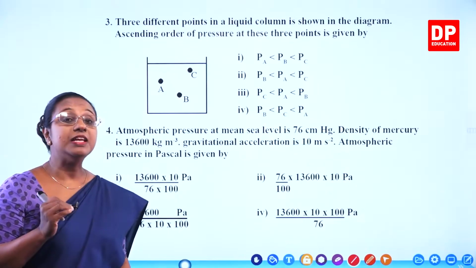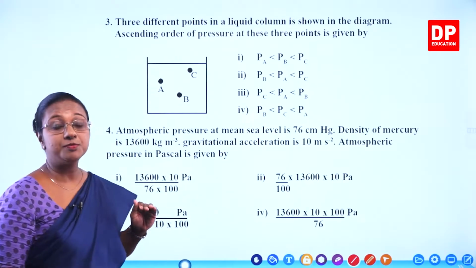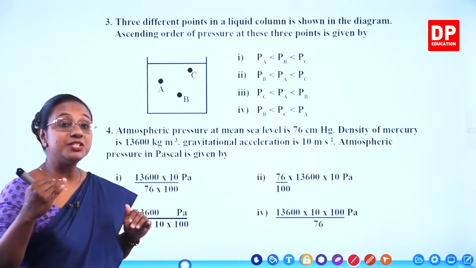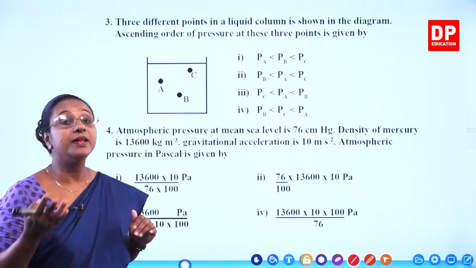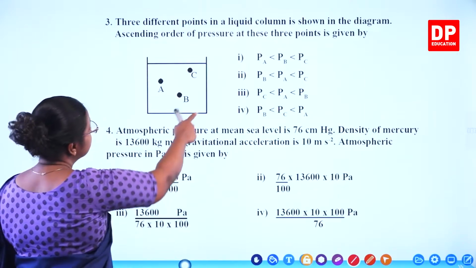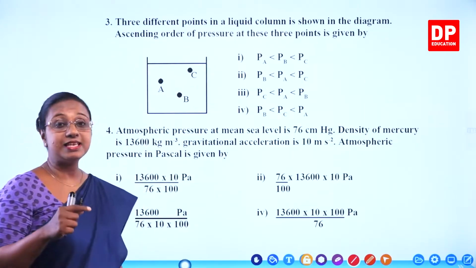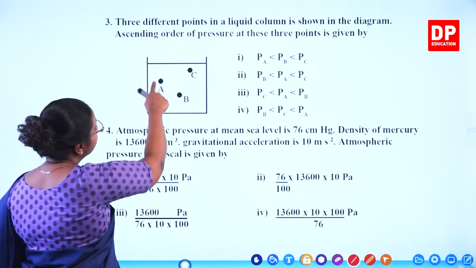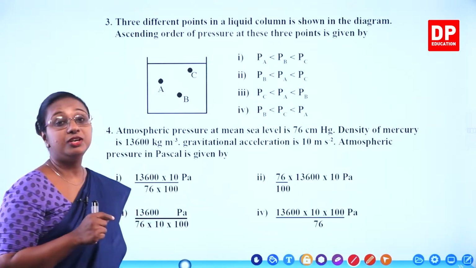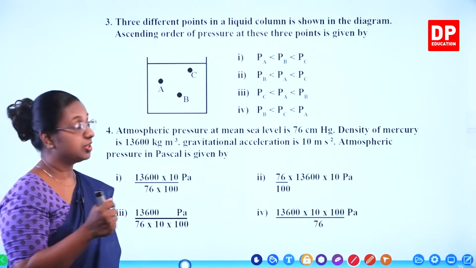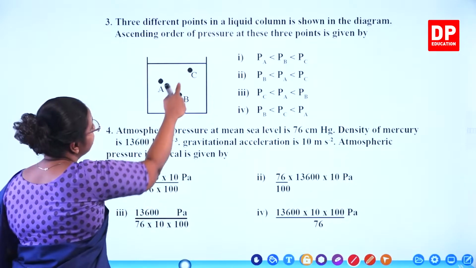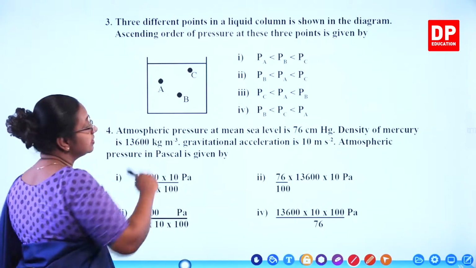So now we discuss, this is a liquid column. So if it is the liquid, the pressure depends on the height or the depth. So here it's the same liquid, so density is the same, gravity is the same. So it's only the height that is going to affect the pressure. If you look at the 3 points, now C is closest to the surface.